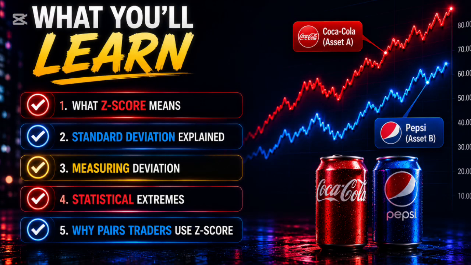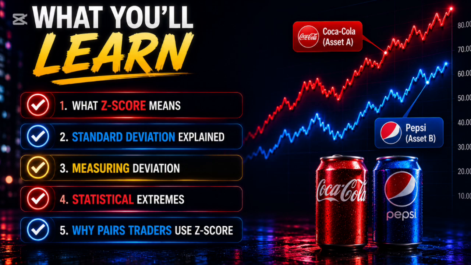By the end of this video, you will understand what Z-score actually means, how traders measure deviation mathematically, what standard deviation means, and why Z-score is one of the most important concepts in statistical arbitrage trading.